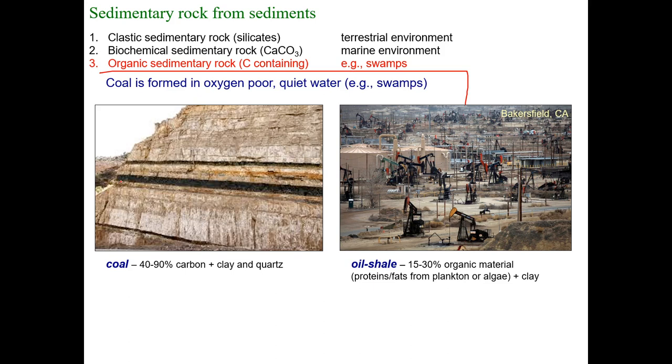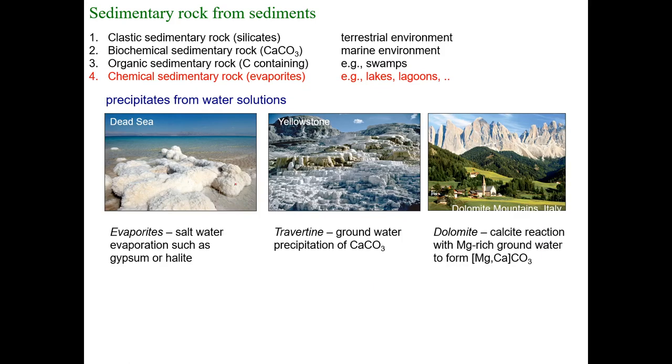It's the same process where we take wood and do heat distillation to produce charcoal to burn in our fire pits or over our grills. The same thing occurs naturally: heat distillation takes plants, wood, all that plant matter that builds up in a swamp, and turns it into a rock called coal. Okay, that's an organic rock.